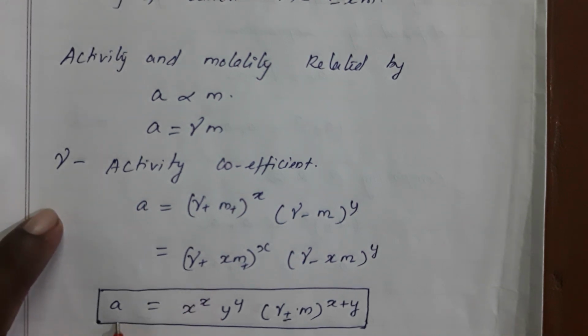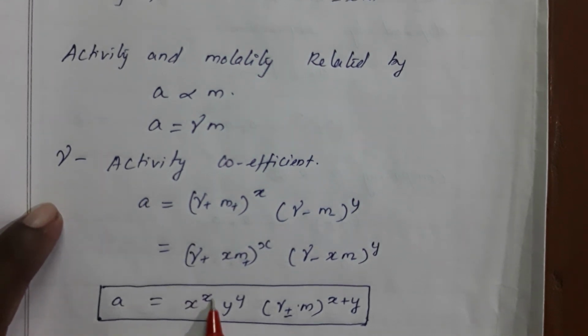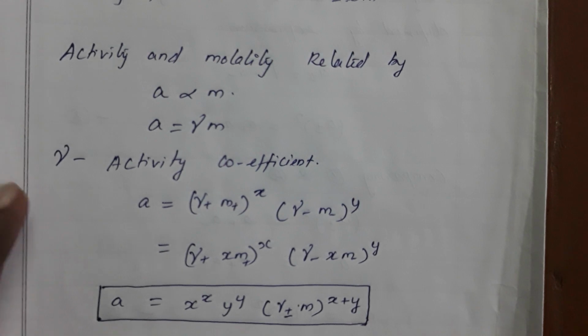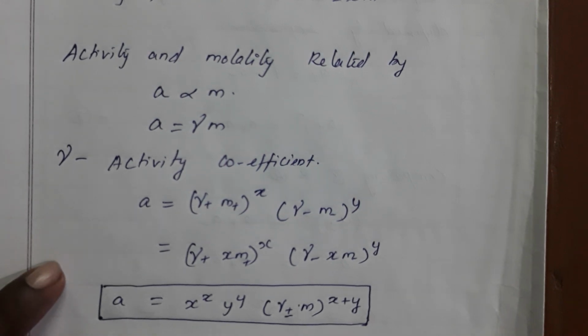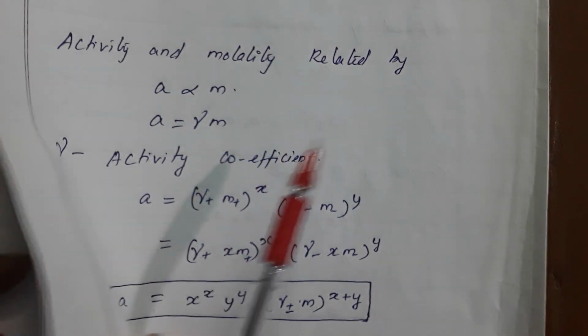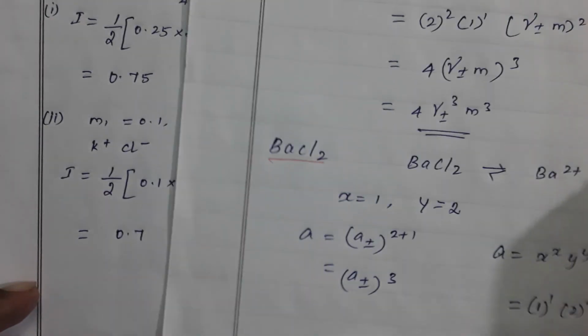By substituting, we get a equal to x to the power x, y to the power y, times the activity coefficient times molality to the power x plus y. This is the mean ionic activity coefficient formula. By using this formula we are going to solve the problems. Now we will see a few examples.